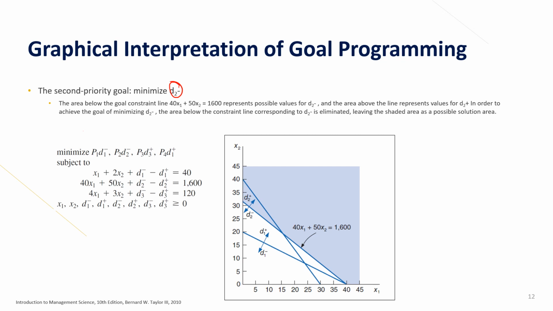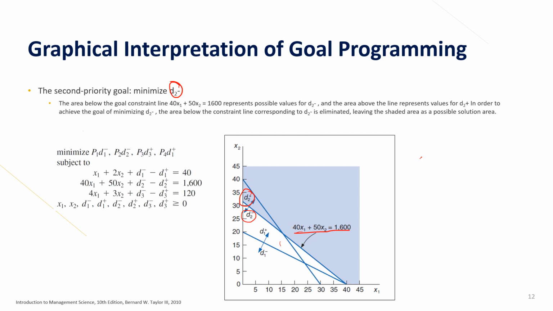Here you have the previous shaded area, and then you need to consider the second line here. The area above represents the variable D2 plus, and the area below the line represents D2 minus.